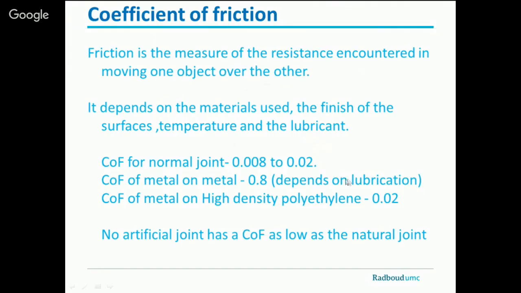It depends on the lubrication, and we will talk about that in a minute. The coefficient of friction of metal on polyethylene is also quite low, and that's why this joint is still kind of the standard. But we haven't been able to generate a joint that has a coefficient of friction as low as the natural joint. Maybe that's a challenge for you.